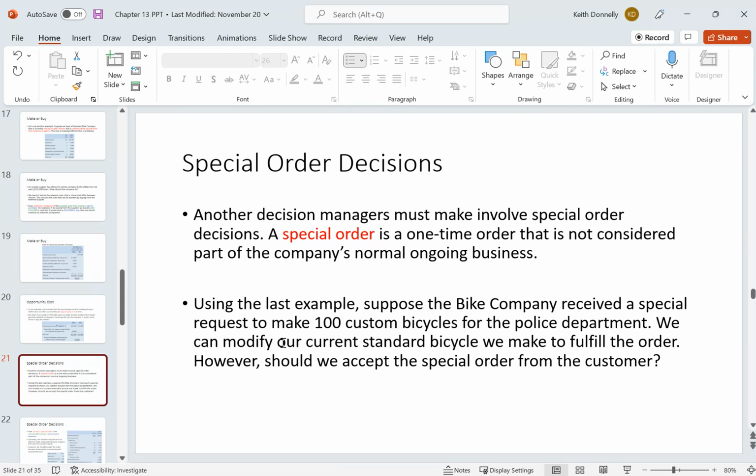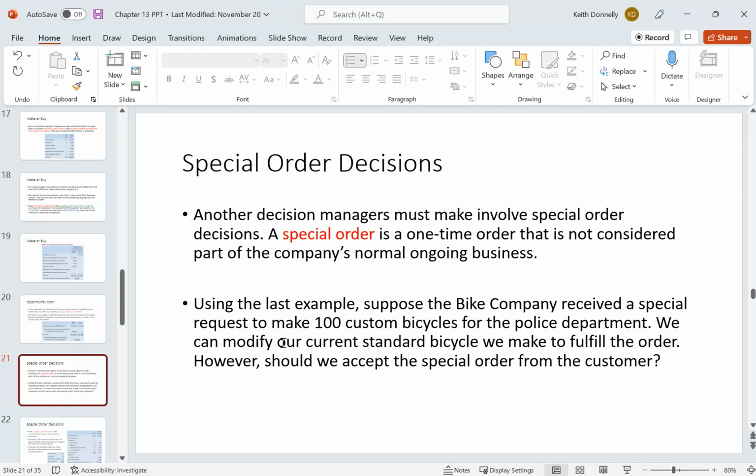Suppose the bike company received a special request to make 100 custom bicycles for the police department. That's a special order. We don't normally make police bicycles. We just have our standard small, medium, and large bicycles. We can modify them for the police department, maybe put a little badge or something on them to help meet the order. But should we do this?